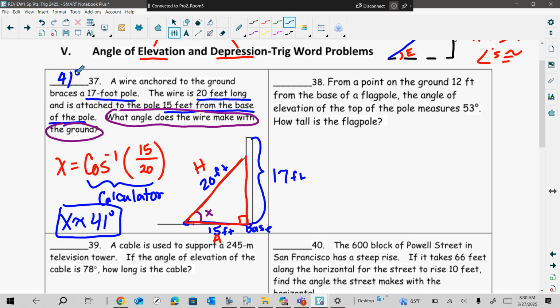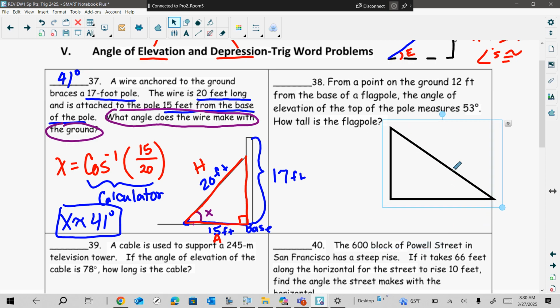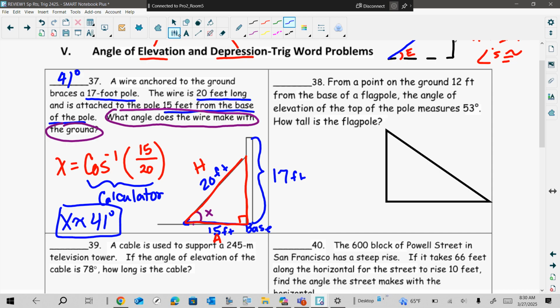Here's another flagpole scenario. So here's like the first one, they kind of gave you the drawing. On this one, I'm just going to use my little tool to create it. So every time we're going to deal with a right triangle, and I'm going to have this one go in a different orientation just so we understand. We're going to have the same relationship.